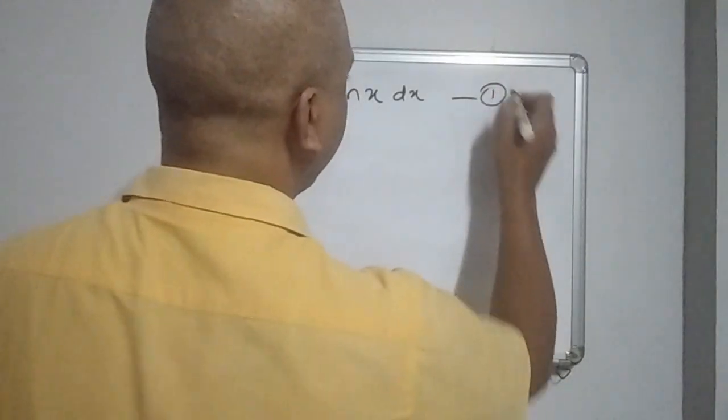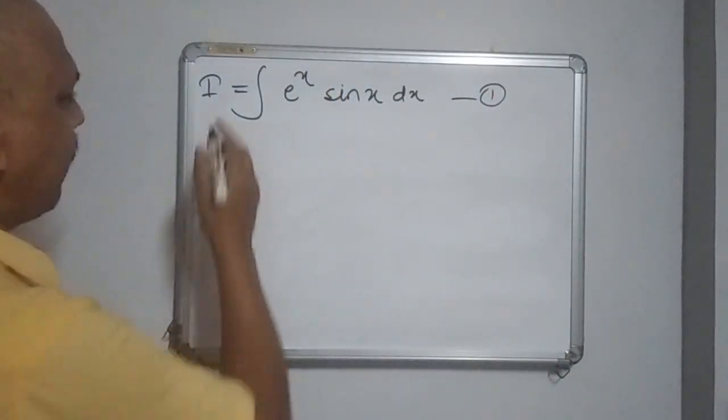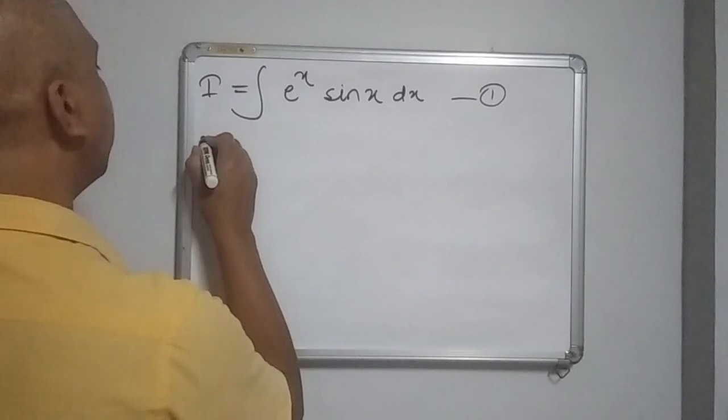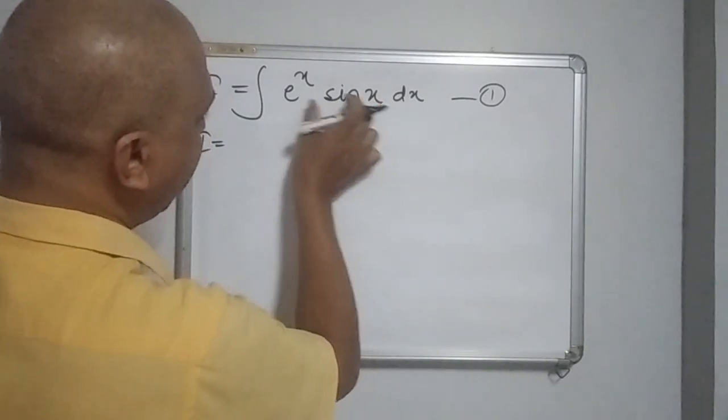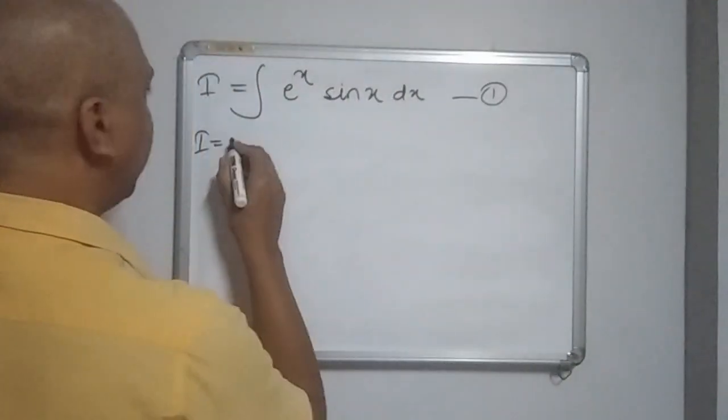So the first thing I'll do is I'll call I is equal to this, and this is equation 1. I is equal to, using LIATE, trigonometric will come first and e raised to x will come later.